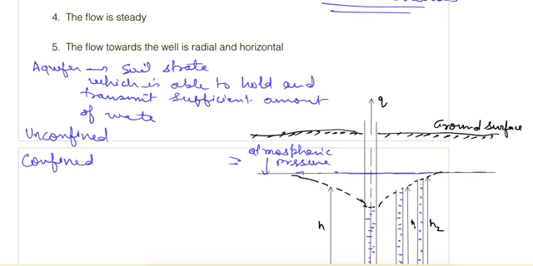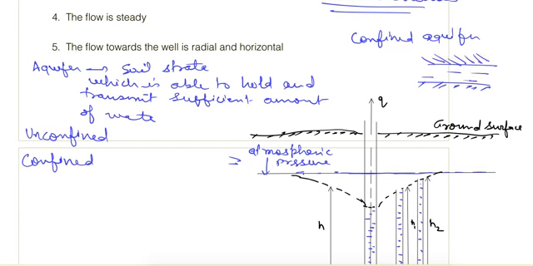And whereas in confined aquifer, the water is held between two impervious surfaces. So water will be there between two impervious surfaces.